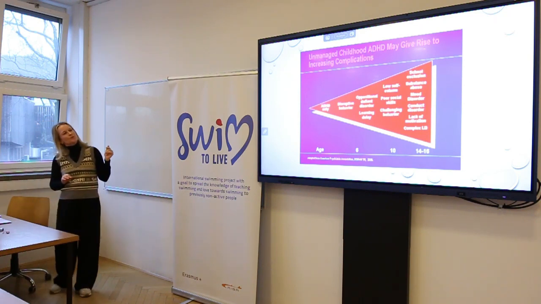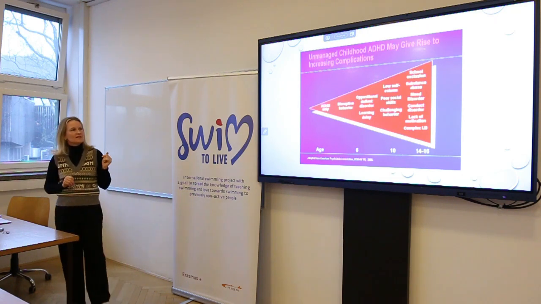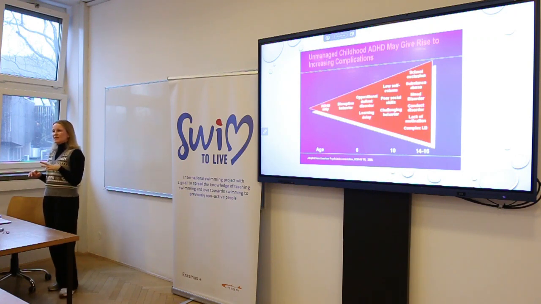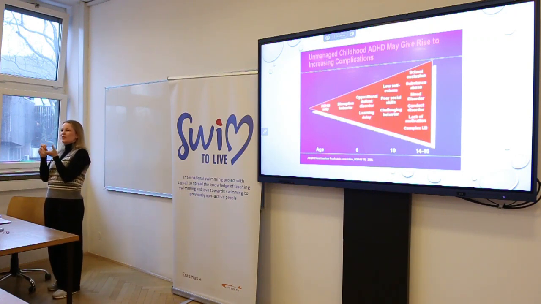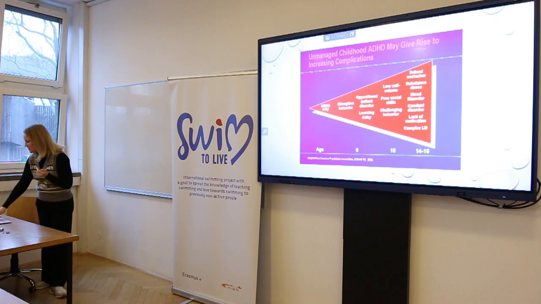But if you first see adolescents, let's say 14, 16 years of age, usually there are many problems, and sometimes you feel like you have an onion and you are pulling little layers aside, and in the core you will find ADHD. So this information, I think, is very important.